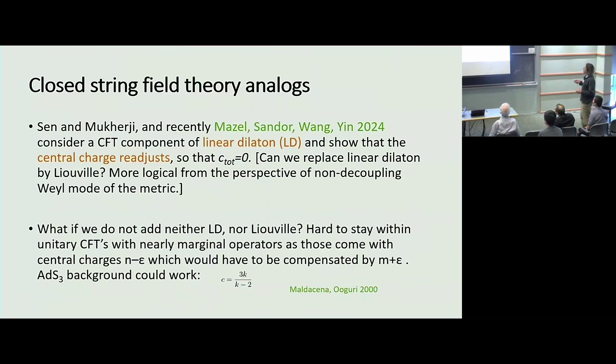And they showed that due to the ghost dilaton, after the condensation, the central charge of the linear dilaton readjusts, so that the total central charge is 0.